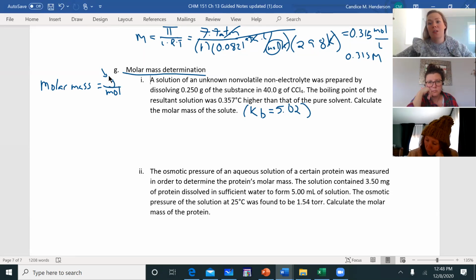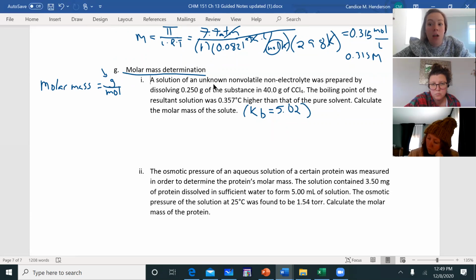And a lot of these equations relate things like molality, which have moles in it, or molarity, which have moles in it. So in this equation here, it says a solution of an unknown non-volatile, non-electrolyte was prepared by dissolving 0.250 grams of the substance in 40.0 grams of CCl4.